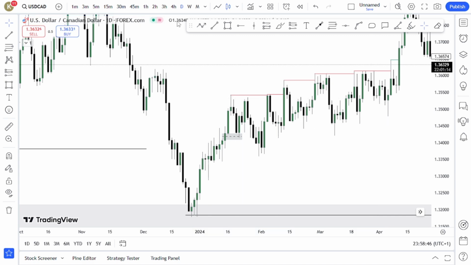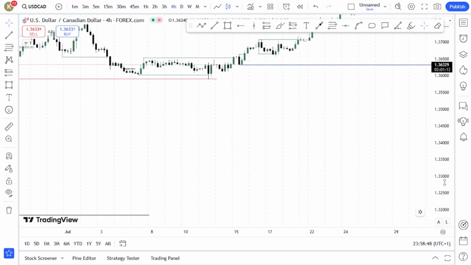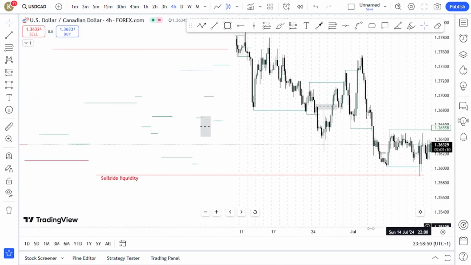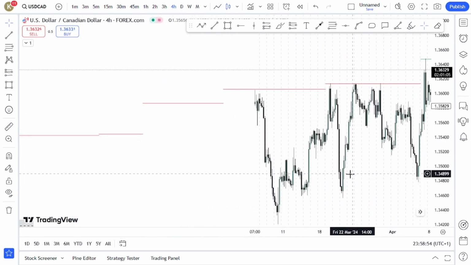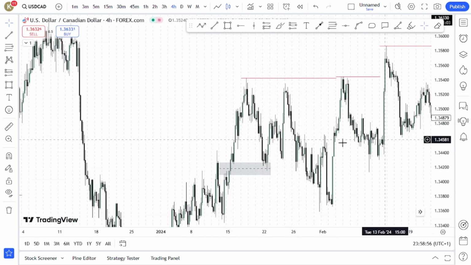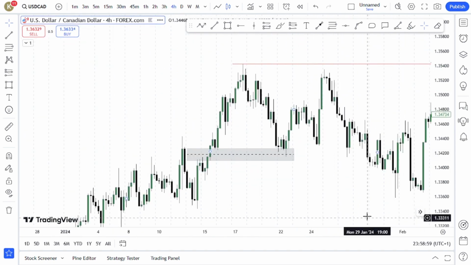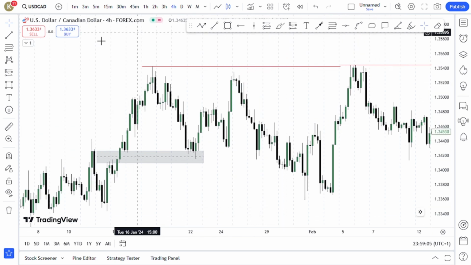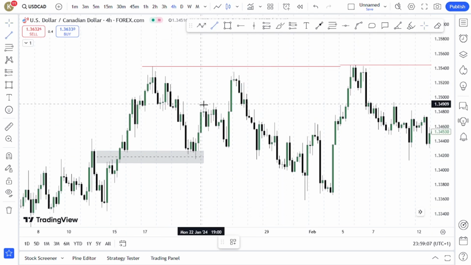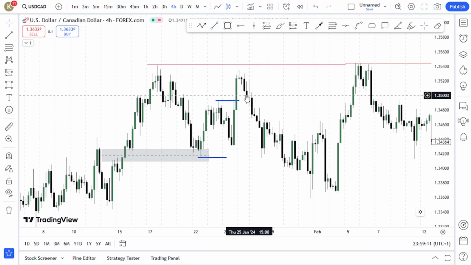Now what happens is, how do I get involved? I only get involved when the 1 hour gives me reasons to. Now, if this is what's going on, for instance, let's say this is a 4 hour high, 4 hour low.